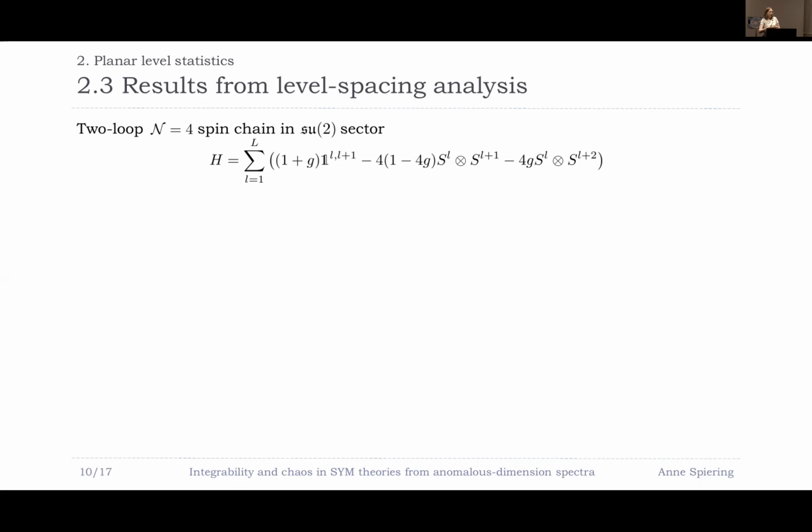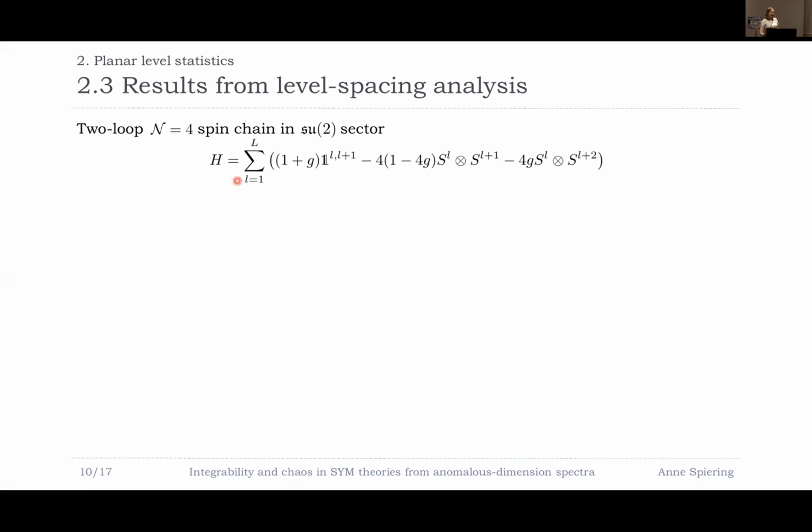Now, of course, planar N equals 4 is integrable to all loop orders, but in this perturbative expansion in the coupling, if you chop off higher order terms, we can't really expect integrability to hold. Integrability is there when I resum all contributions, but it's interesting to look at it and see what comes out.